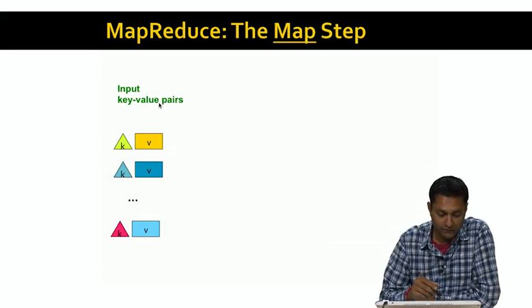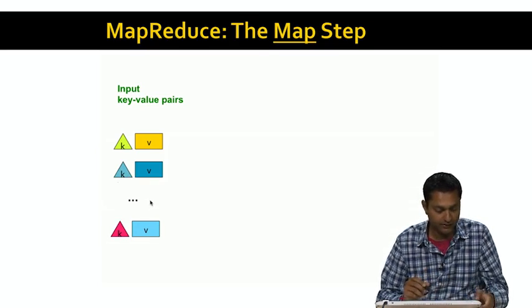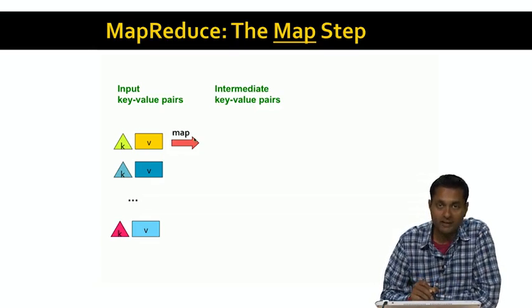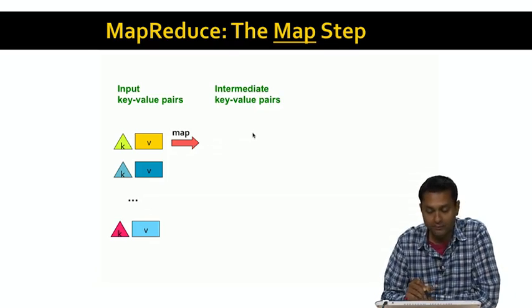You start with a bunch of key value pairs, so here's K, V. K stands for key and V stands for value. The map step takes the key value pairs and maps them to intermediate key value pairs. Okay.